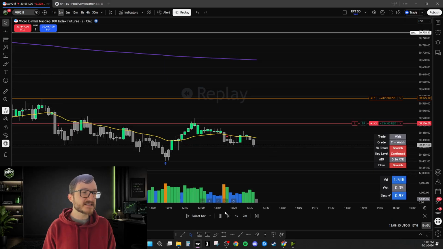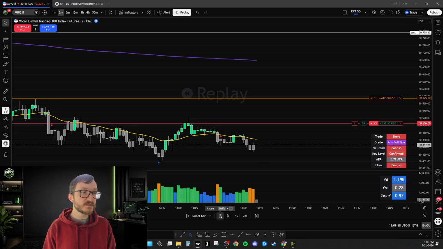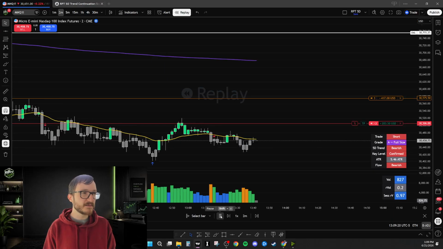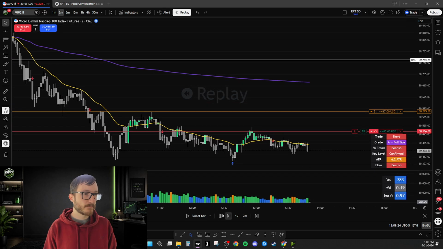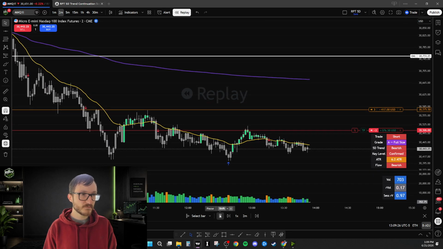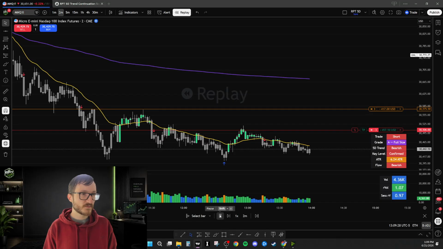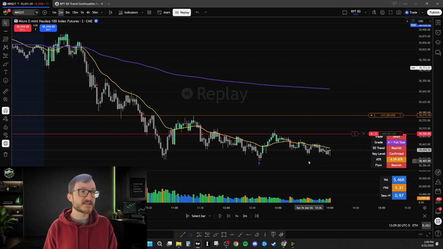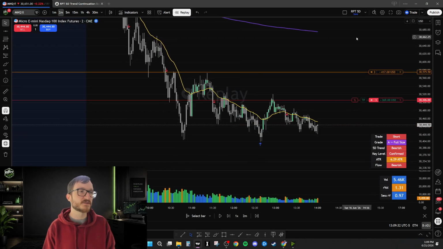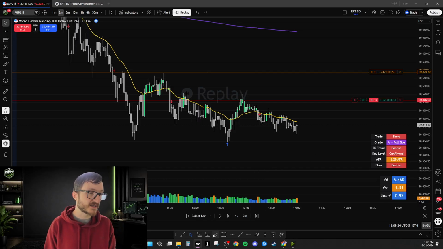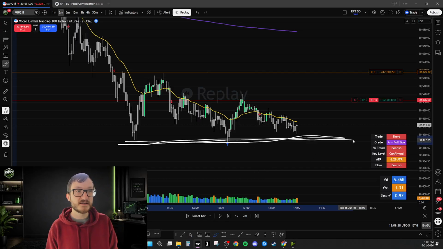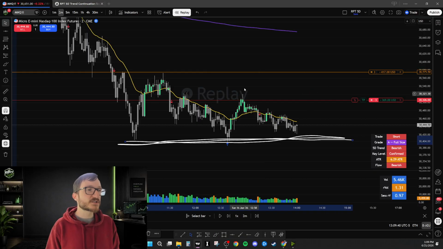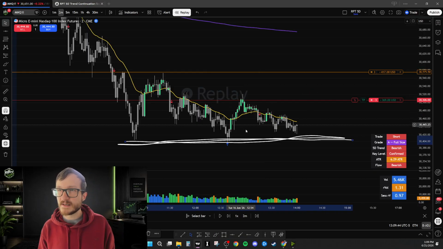Kind of grinding sideways. We're holding lower. Volume's picking up a little bit, but nothing crazy. Now what I truly want to see is this huge horizontal level that's holding right now break. If I were to draw this out, you can see this like shelf that we're holding, and we're starting to push, almost like squeezing into this level.